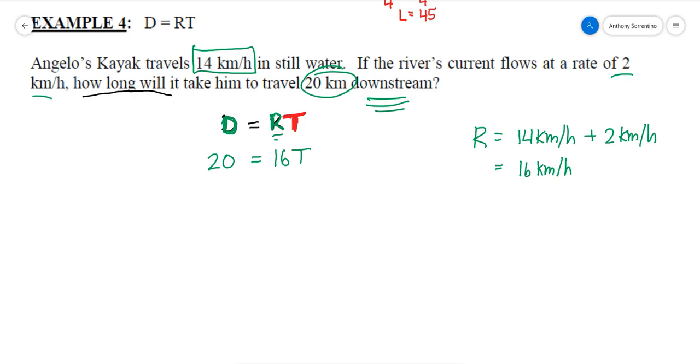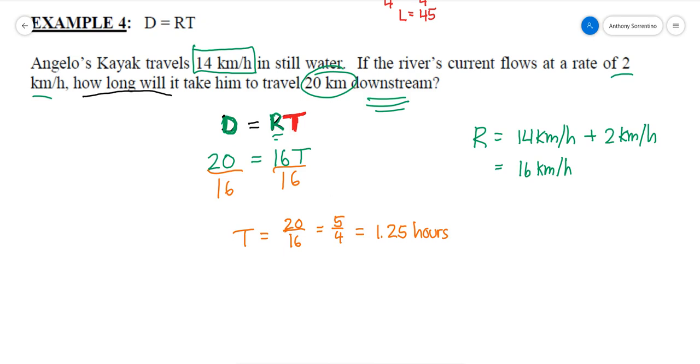Again, a very simple equation at this point. I just have to get t alone, and I'm going to divide both sides by 16. That means that t equals 20 over 16, which equals 5 over 4, which is 1.25 hours.